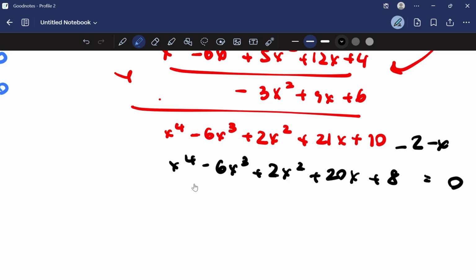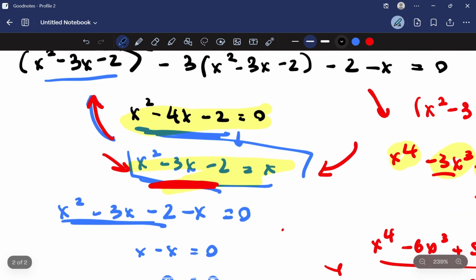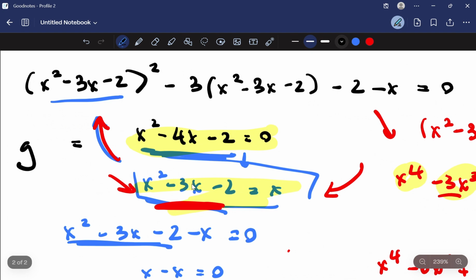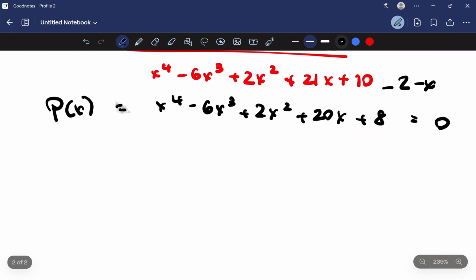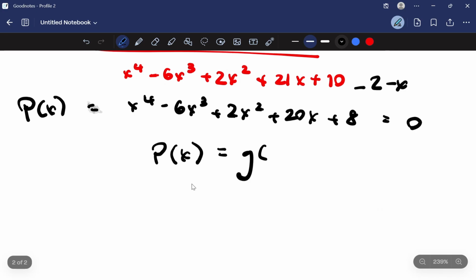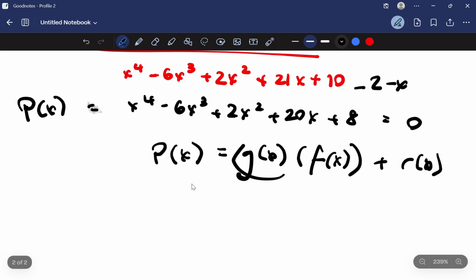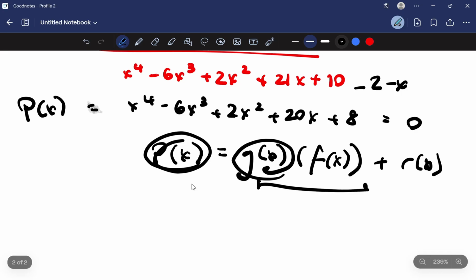So I guess you can write, if this is p of x, and this is g of x, you can say that p of x is equal to g of x times some quotient f of x, and then plus a remainder r of x.